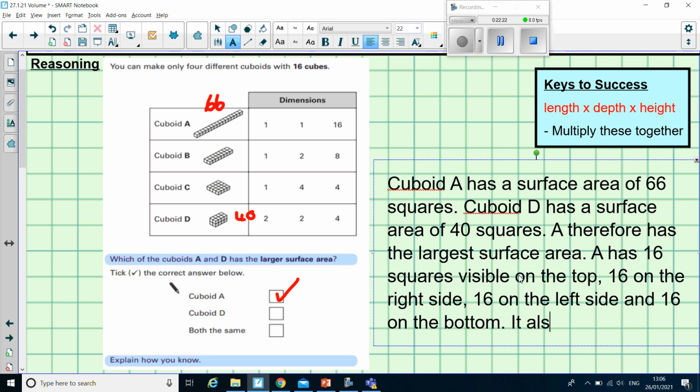It also has 2 squares visible on each end.